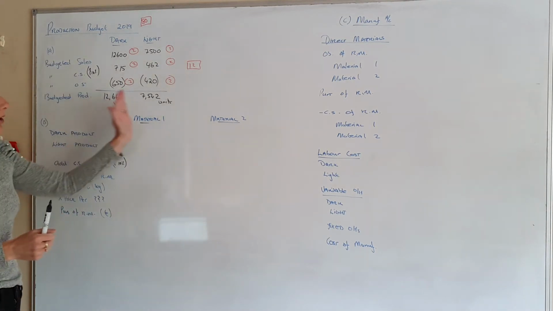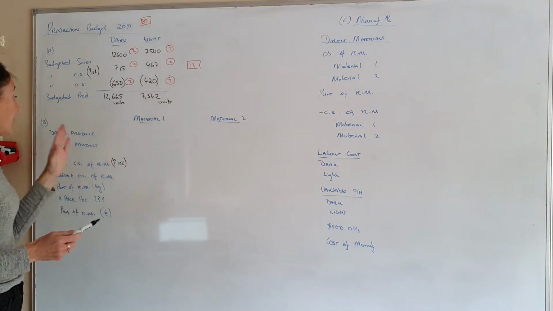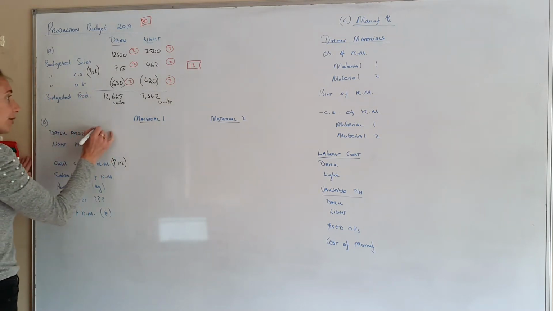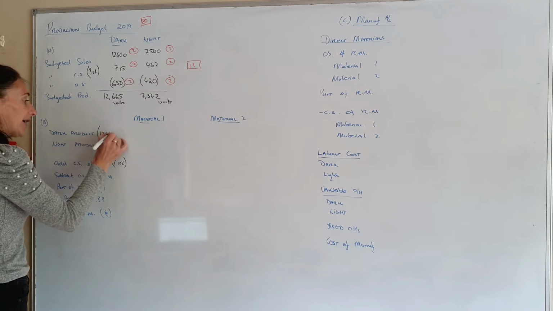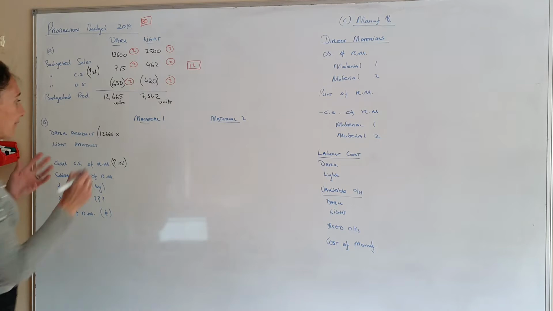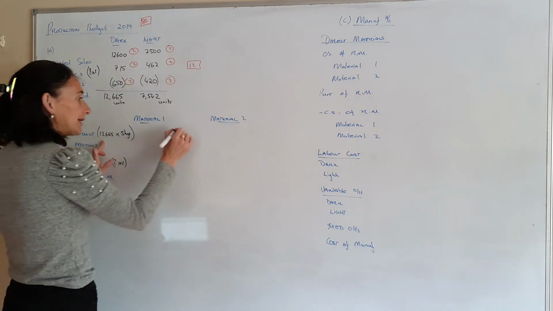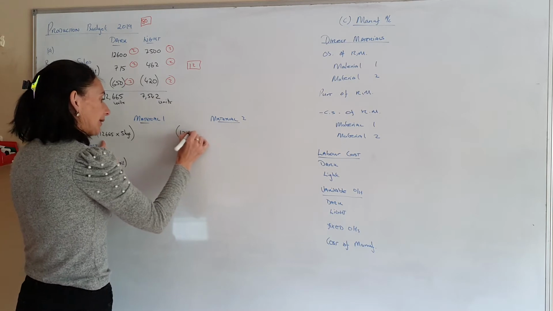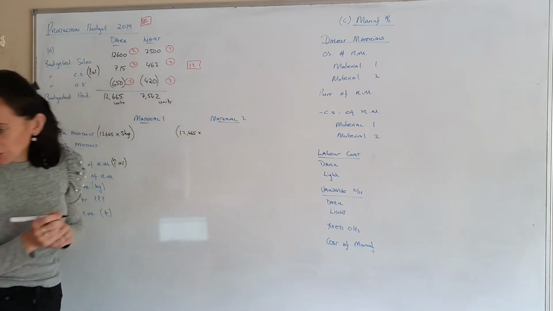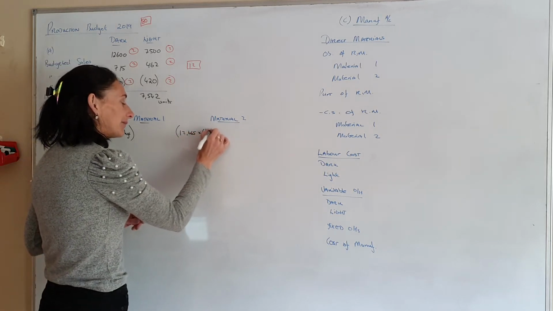Now, if these are what you want to make these goods, you need raw materials. So to make dark, I'm going to make 12,665 of them. And each unit for material 1, I need 5 kilograms. Okay, likewise, I'm going to need material 2. And for material 2, for making dark, I need 6 kilograms.